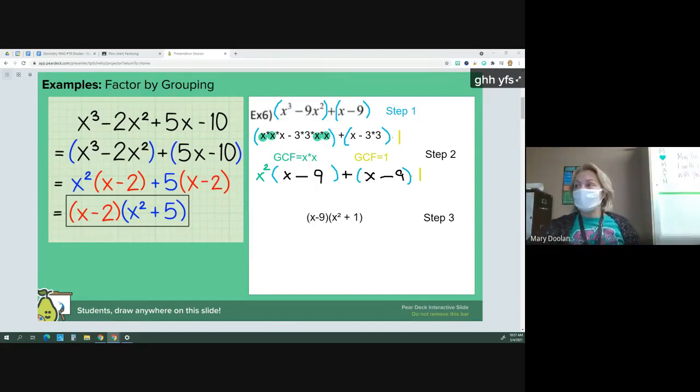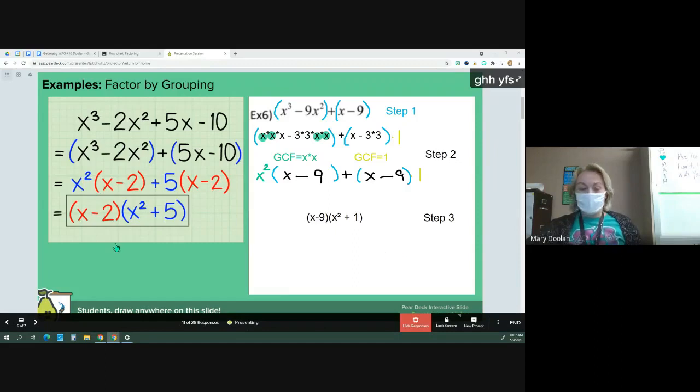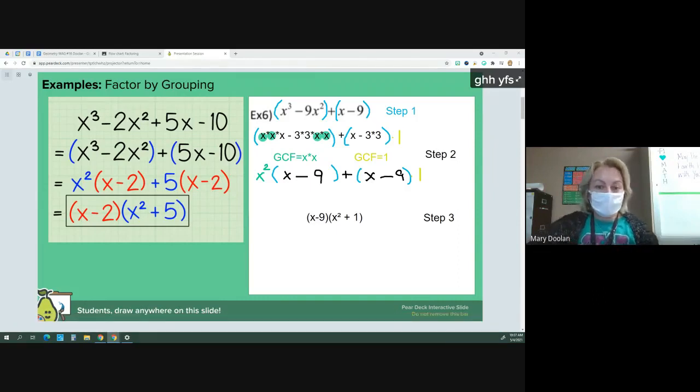So you guys see where that came from? X minus 9 was what I factored out. It's right here. Then the things that were left over.